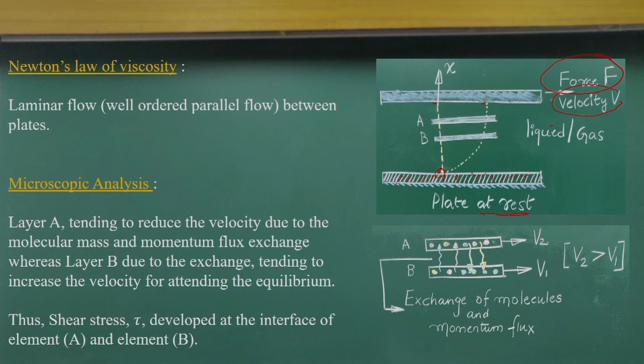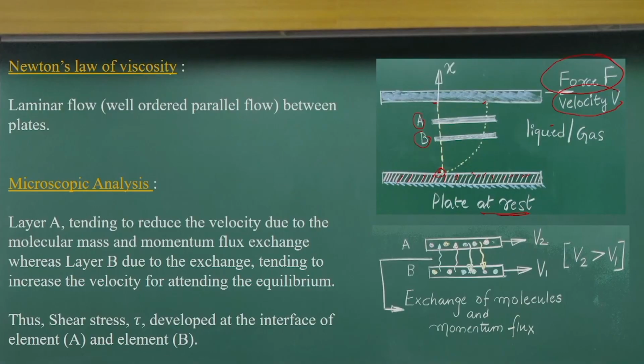Now, if I consider 2 locations A and B, and at these 2 locations I consider a small representative volume of the fluid, moving with velocity V2 and velocity V1.